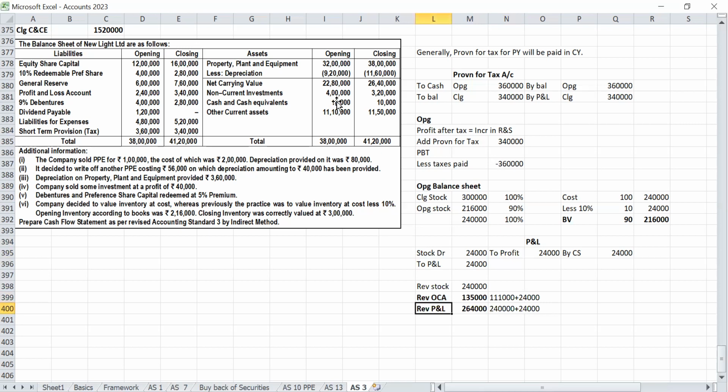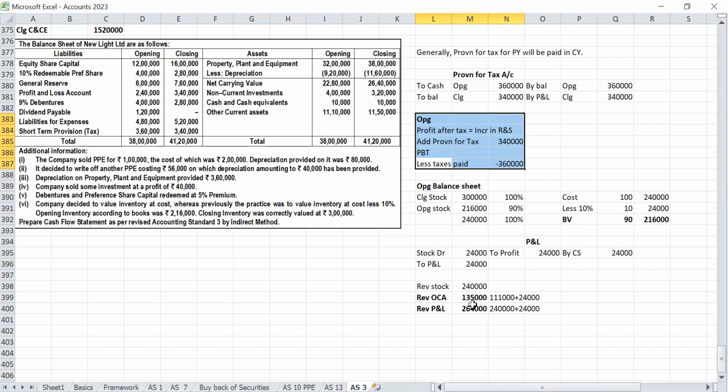Now for computing profit, the increase in reserves you will take: closing is 3,40,000. Opening is not 2,40,000; opening is 2,64,000. Like that you have to consider. That is the first point. Then provision for tax I already told.